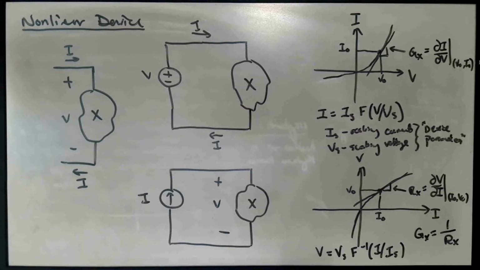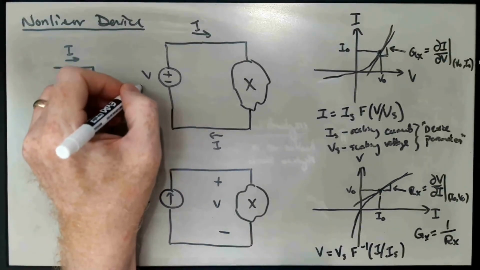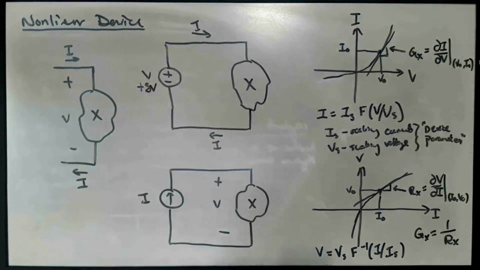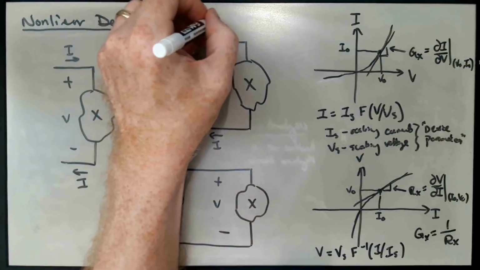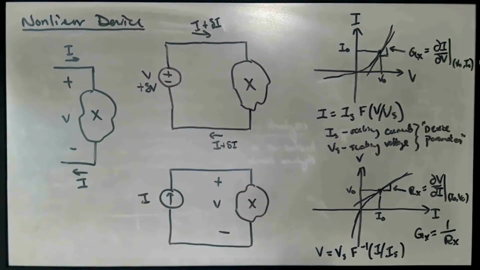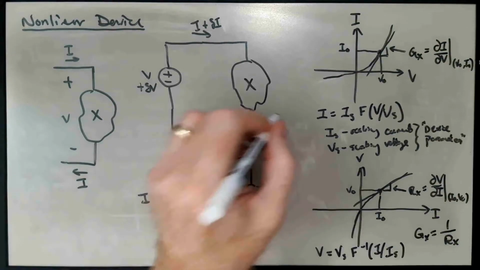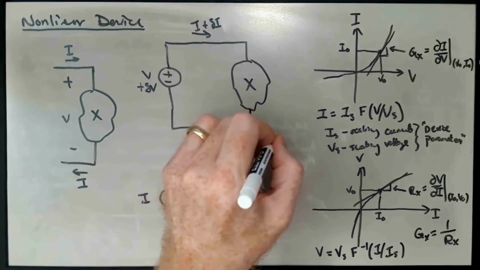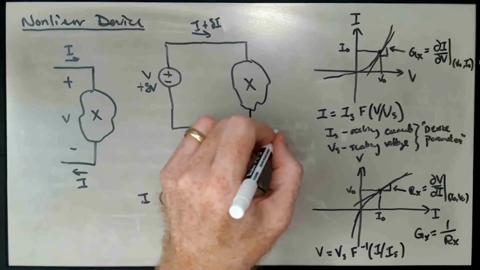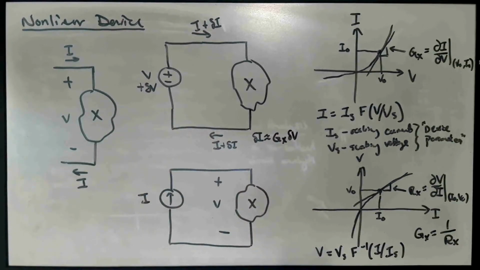So what these parameters really tell me is, in this situation, if I increase v by some little delta v, I will increase by some little delta I. And here, the delta I is approximately given by Gx times delta V. Right, so the delta I is given by an incremental Ohm's law.